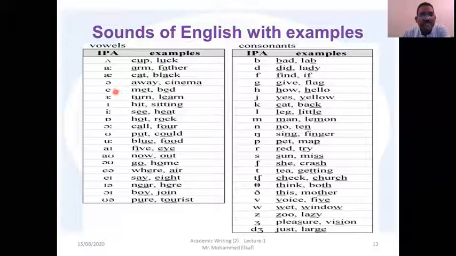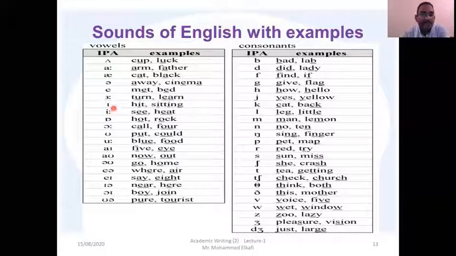Here we'll find the vowel as in met. Remove the final t, we'll find et. Here we have air, as in turn, earn, learn.